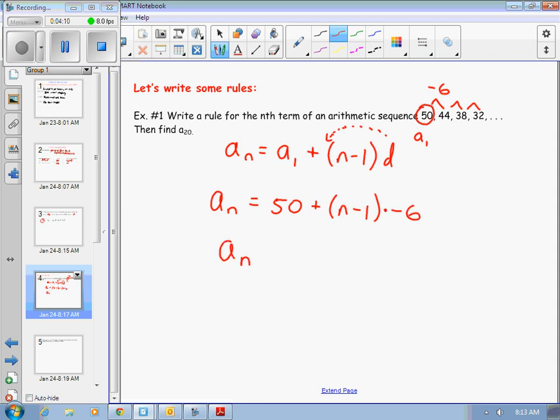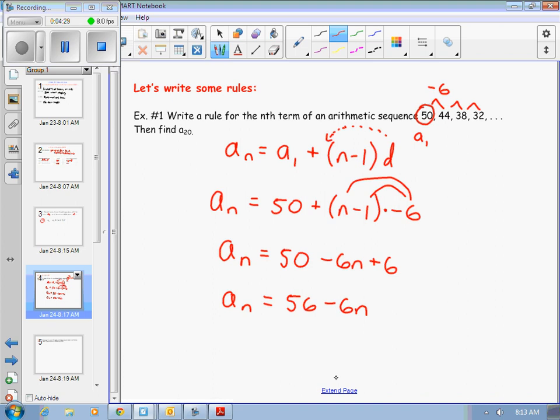To write the rule, the only thing that you need to do is distribute this -6 in here and simplify. So 50 minus 6n plus 6. So the rule for the sequence is 56 minus 6n.